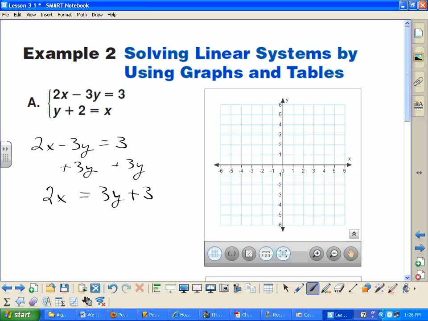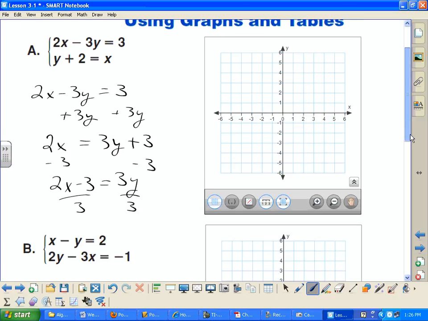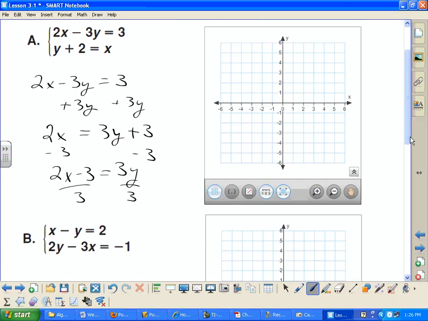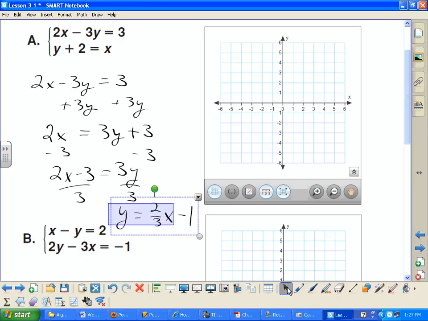Subtract 3, and then divide. So we get y equals 2/3 x minus 1, which would be this line.